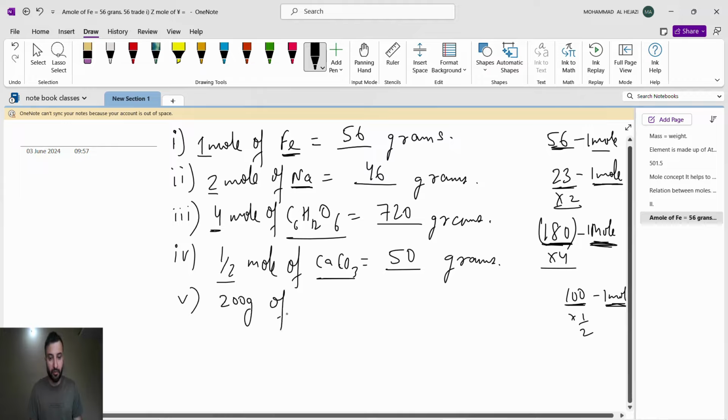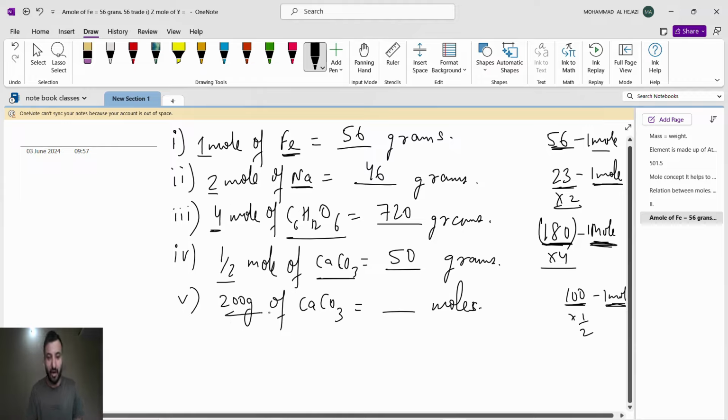Next, 200 gram of CaCO3 is how many moles? So guys, see here, at the start we gave you the mole and you gave the gram. Now we will give you the gram, and you have to tell the mole. All are linked.